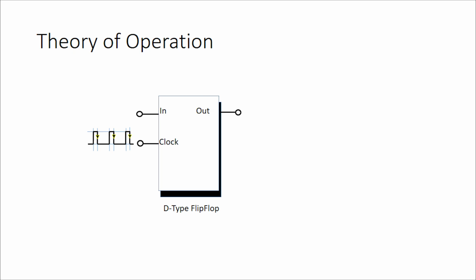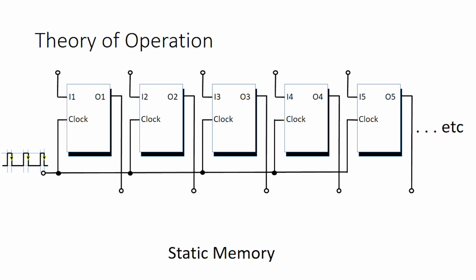It's called a D-type or data flip-flop. And what happens there is, if there's a 1 on the input, when the clock goes down, that 1 gets transferred to the output. And it holds a single bit of memory. And that's about the simplest thing you can do in sequential electronics.